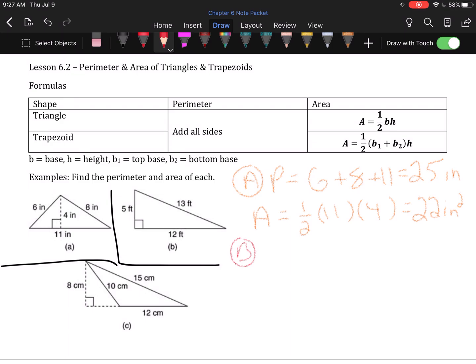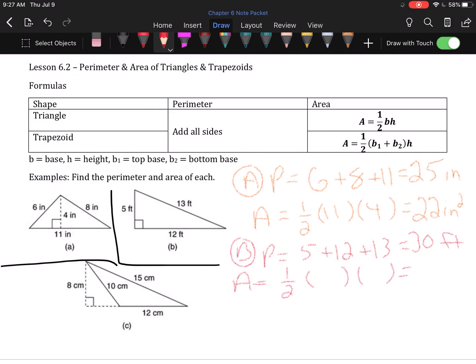Triangle B. It's a right triangle. Its perimeter. We're going to have 5 and 12 and 13. 5 and 12 is 17. 17 and 13 is 30. So its perimeter is 30 feet. Area is 1/2 times base times height.